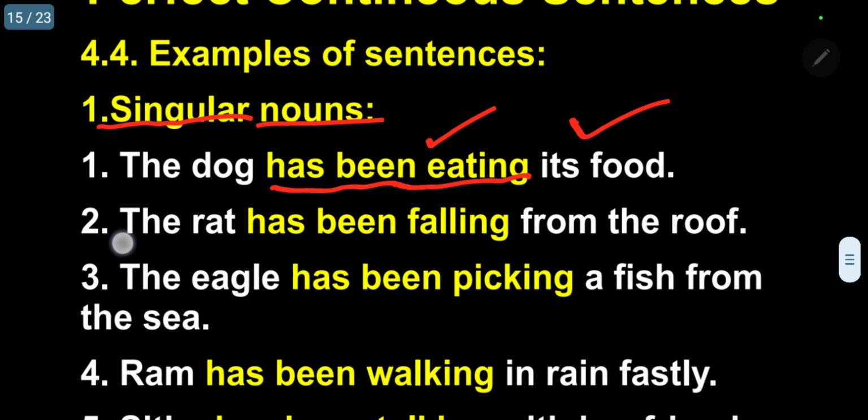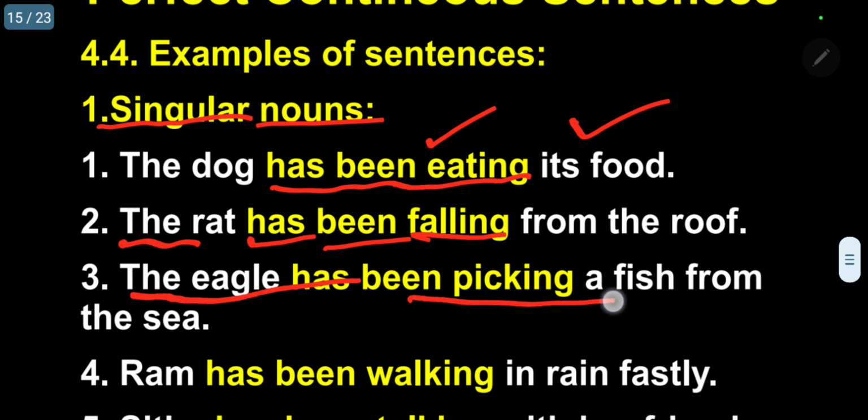The rat, singular, has been falling from the roof. Fall, F-A-L-L-I-N-G, falling from the roof. Kindly follow. Next, the eagle has been picking a fish from the sea.